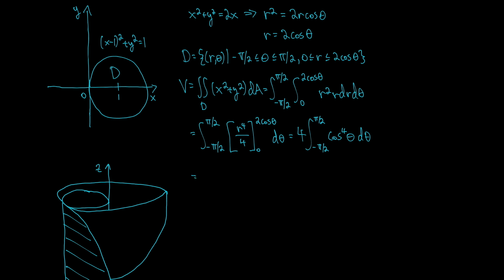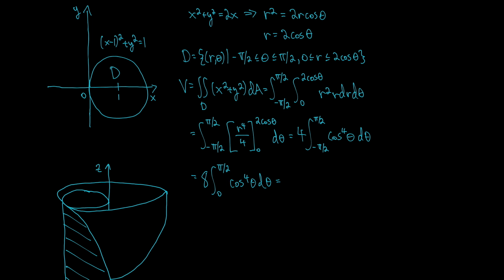And, well, I'm going from minus pi over 2 to pi over 2, and cosine to the 4th theta is even. So how about I just split this in half? I'll go from 0 to pi over 2 and double it. So I'll get 8 times the integral from 0 to pi over 2 by symmetry of cosine to the 4th theta d theta. Okay, and that's going to be, well, cosine to the 4th is just cosine squared squared.